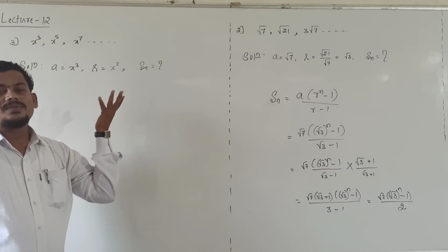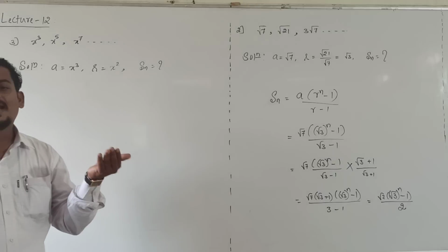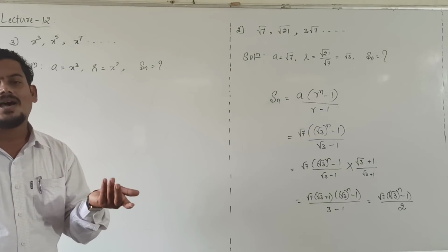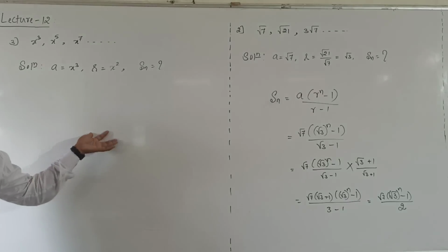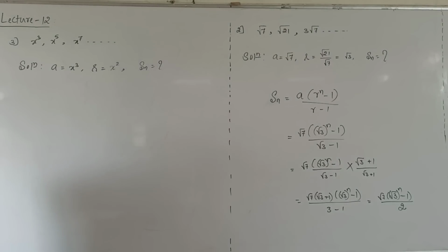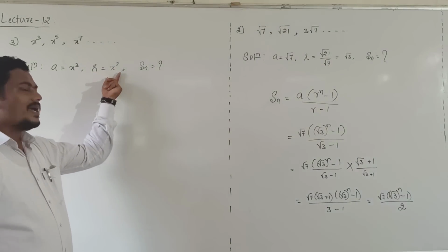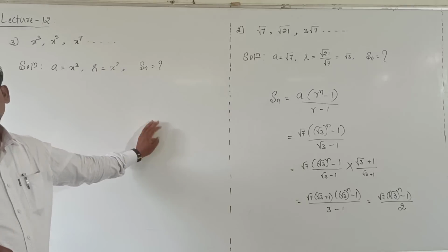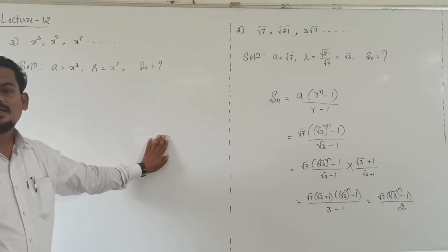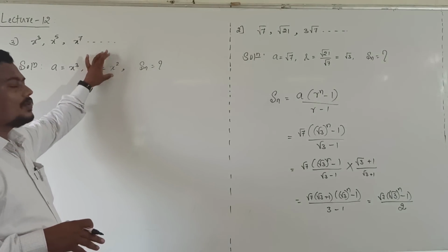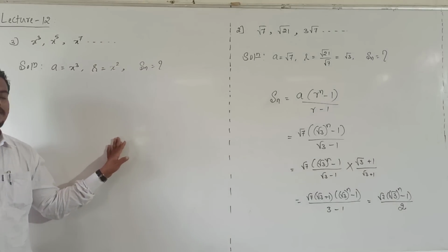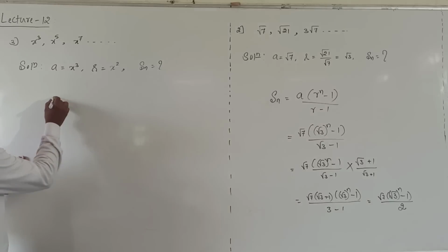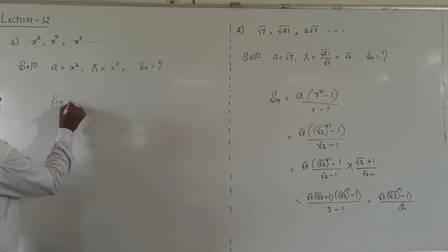So you can use any one of the formulas, either the r less than 1 formula or the r more than 1 formula. Why? Because we don't know x value. We don't know whether x square is less than 1 or more than 1. As per your convenience, you can use any one of the formulas.